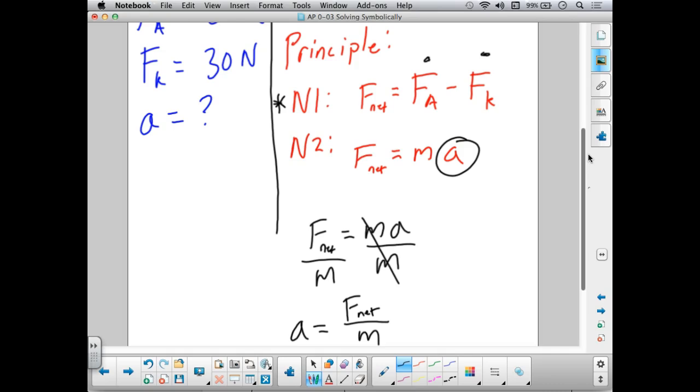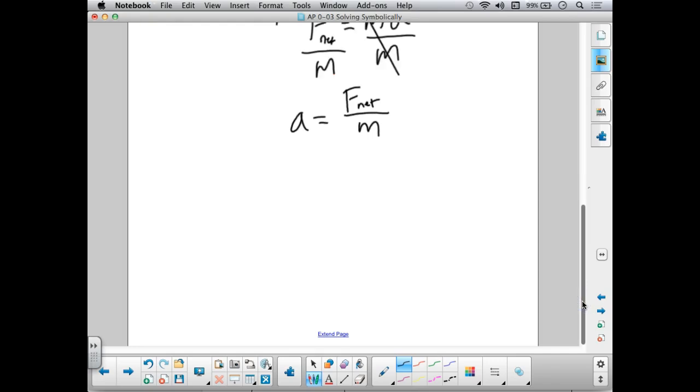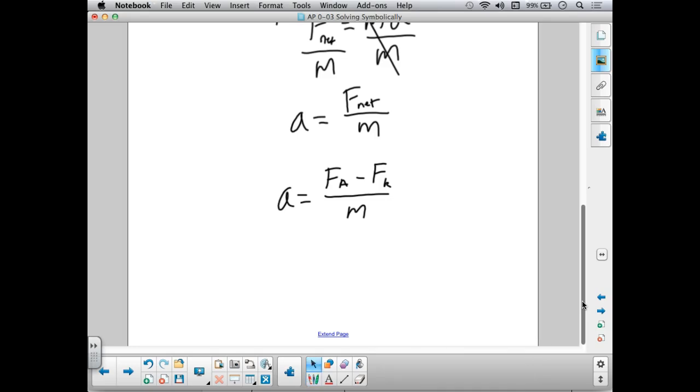So if I'm trying to put only knowns on the right-hand side of the equation, I've got to keep on substituting. I'm going to substitute in for the net force. So acceleration equals applied force minus kinetic friction over the mass. Okay, now I have put what I want to find, my unknown of interest, right there.